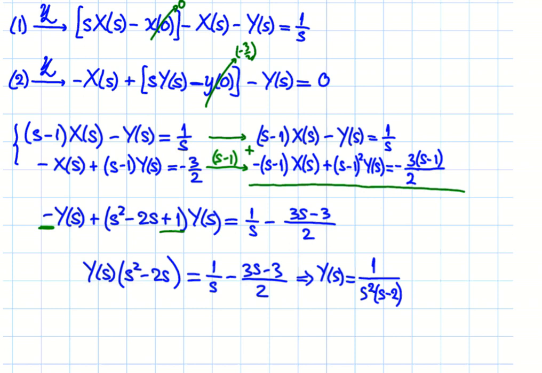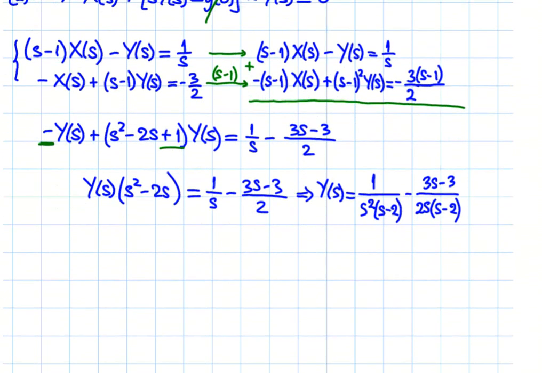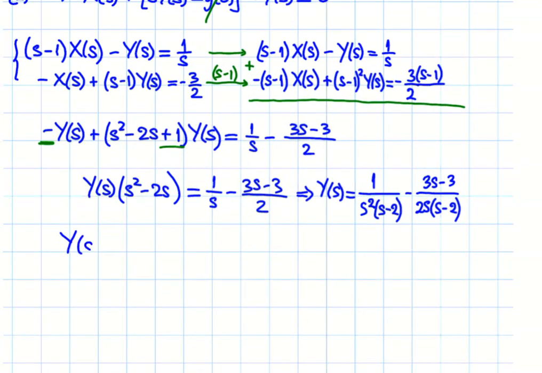And then minus 3(s minus 1) over 2 times (s squared minus 2s), which we can write as minus 3(s minus 1) over 2, and then we factor out an s, so s times (s minus 2). So we solve for Y(s).